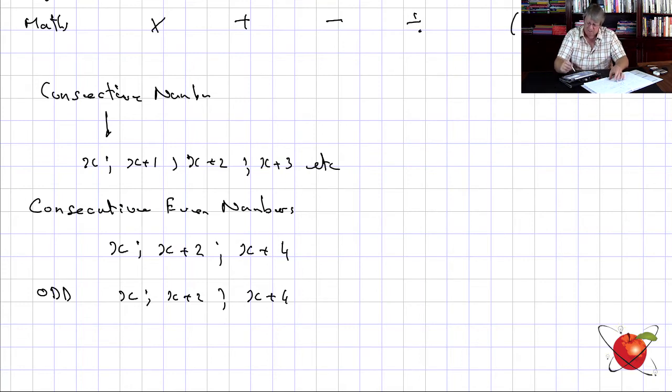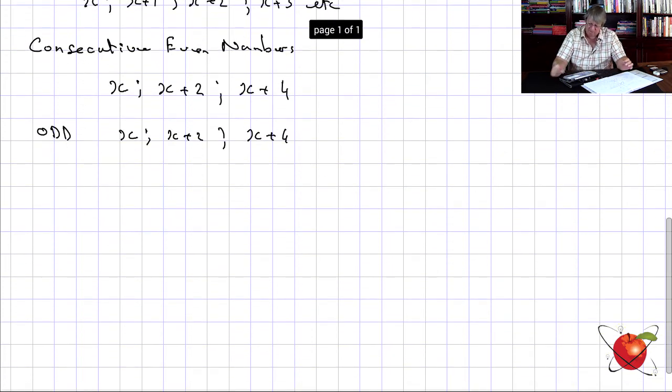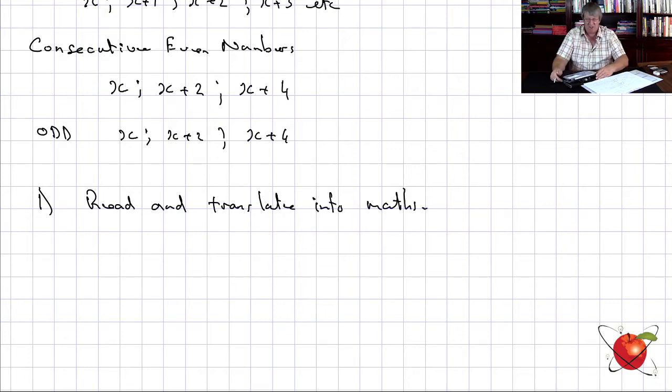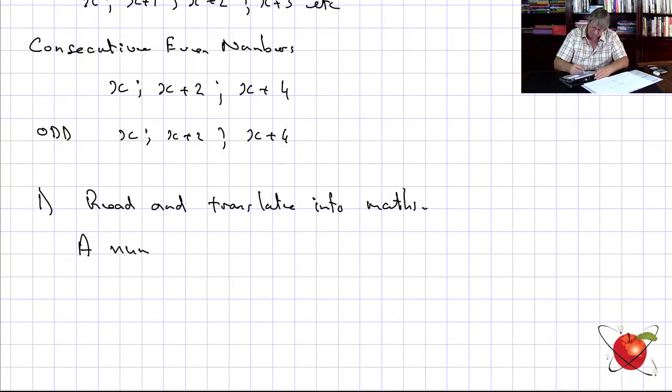Now, how do we go about these problems? First of all, number one is to read carefully, read and translate into maths. So when they say the sum of, you put a little plus sign down. Words like a number. How old is somebody?